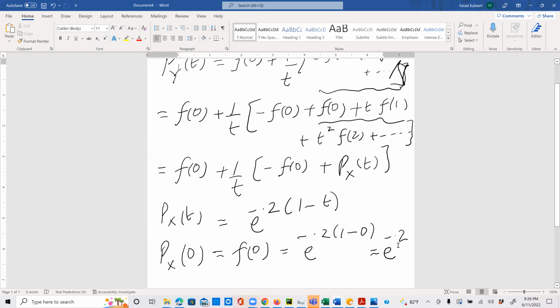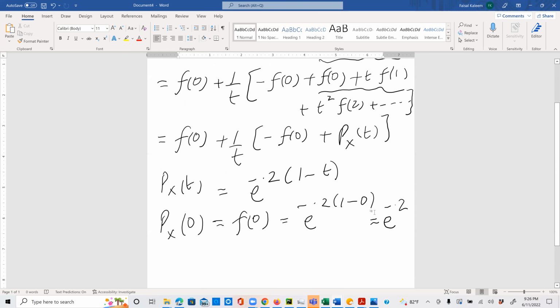And now we have everything. We have f of 0, which is e power negative 0.2, and we have p x t, which is the given expression, and now we'll substitute that in this p y t equation. So therefore, p y t is equal to f of 0.